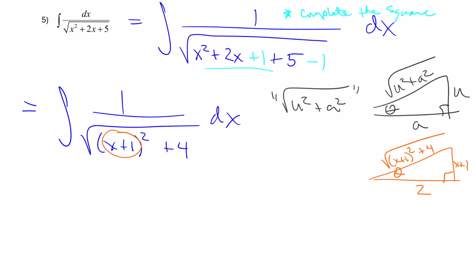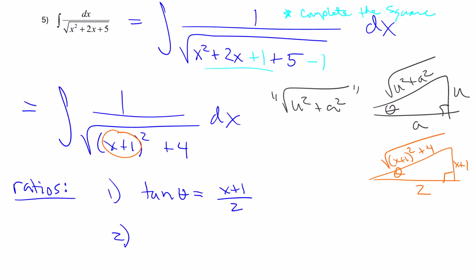I'll get the ratio started. We want a couple ratios, as always. The first one, which is going to involve u and a, we'll do it this way. Tangent of theta equals opposite, which is x plus 1, over adjacent, which is 2.